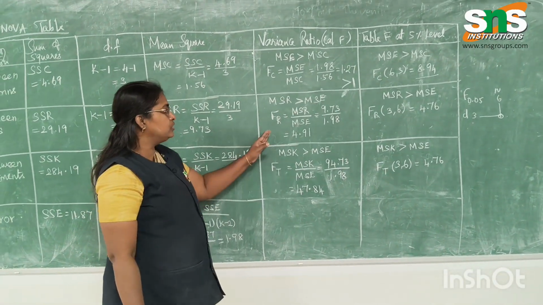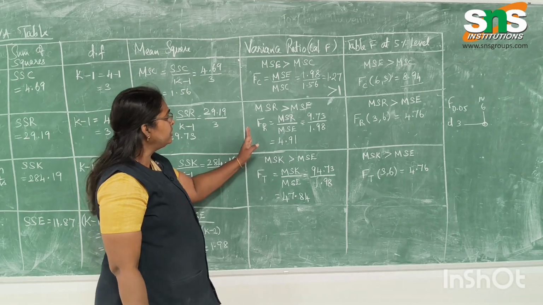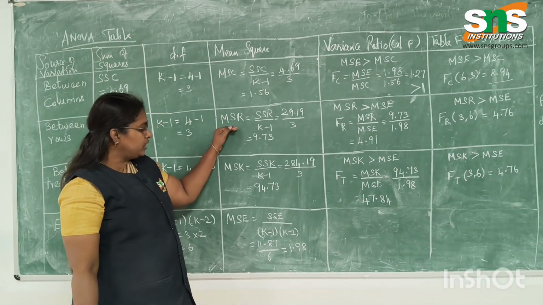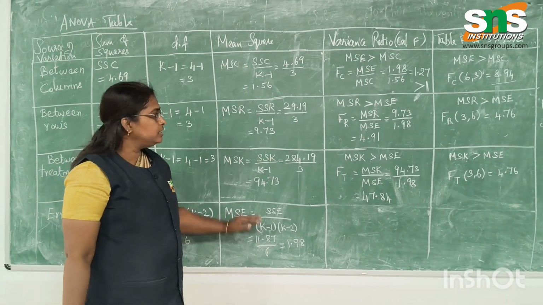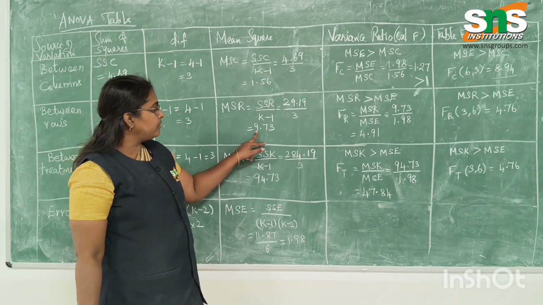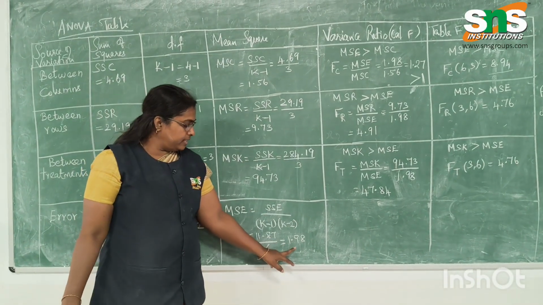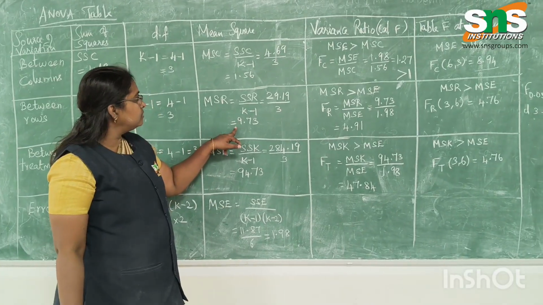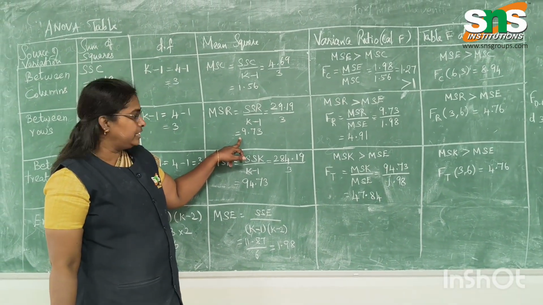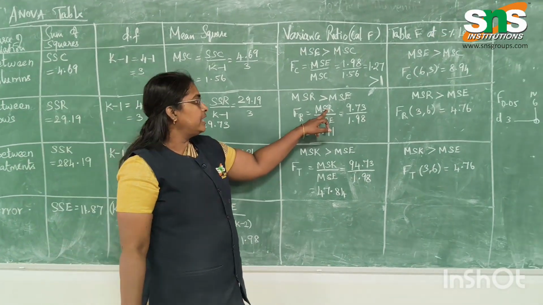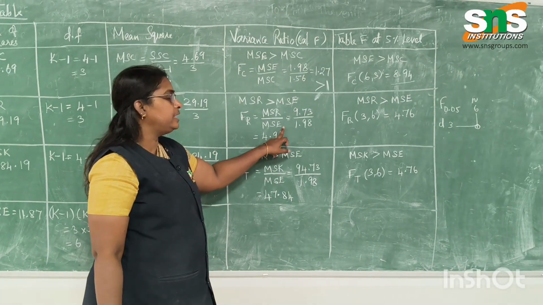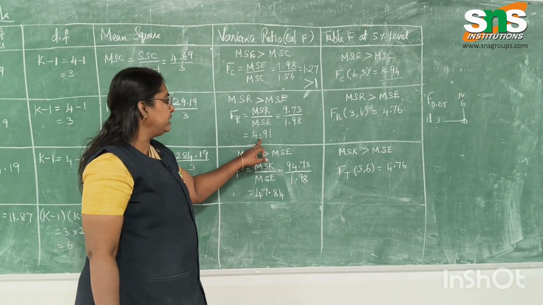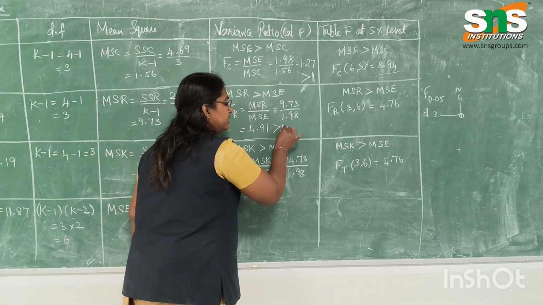Next I move on to row wise. Here also we take the mean square of rows and the error: 9.73 and 1.98. Comparing these two, row wise is the greatest value. So write row wise in the numerator and error in the denominator, and you get 4.91, which is greater than 1.